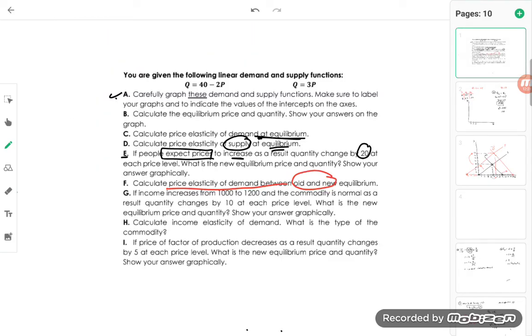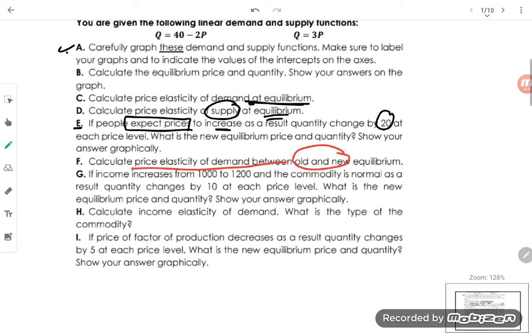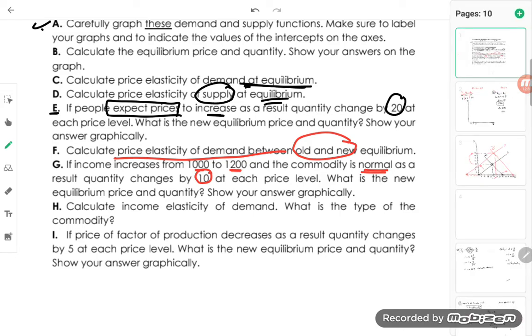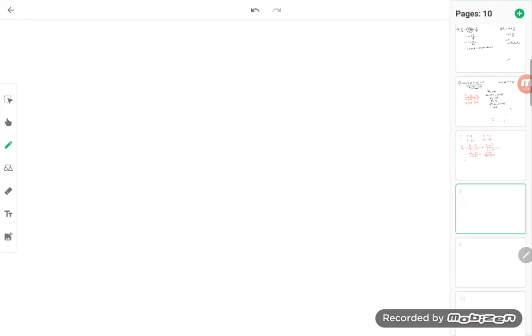Number G. If income increases from 1,000 to 1,200, and the commodity is normal, as a result the quantity changes by 10 at each price level. Now we have to return to the initial demand function and the initial supply function.